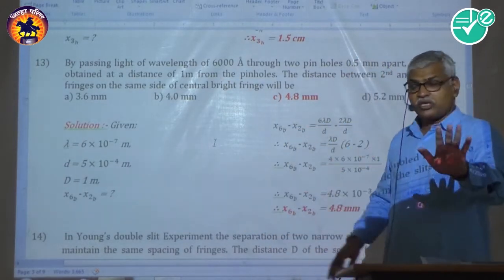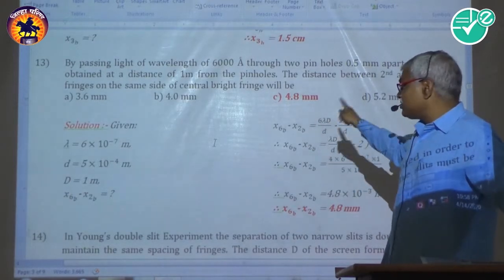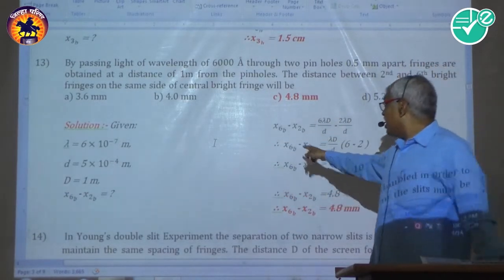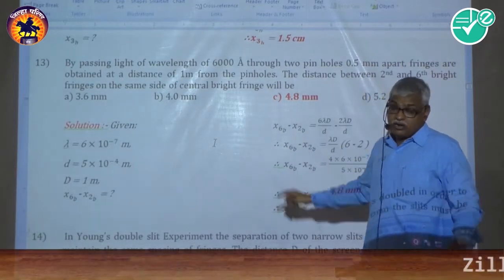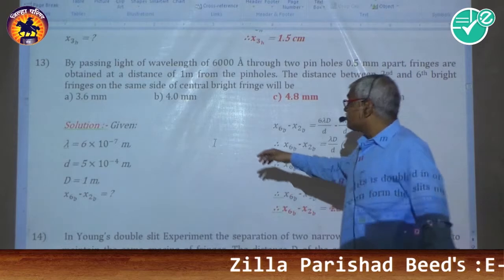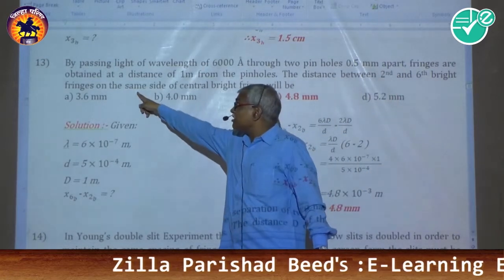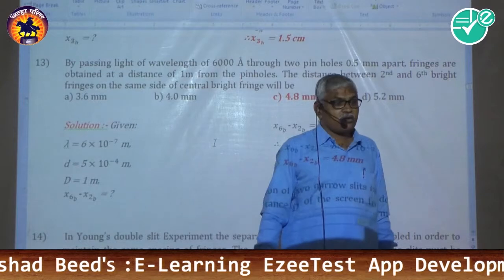This is the logic. Now we have to calculate x6b minus x2b, that is the difference between the sixth bright band and second bright band. Note that if it is not mentioned in the statement, the fringes are on the same side of the central bright band.